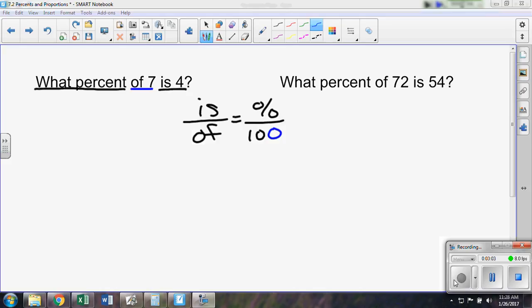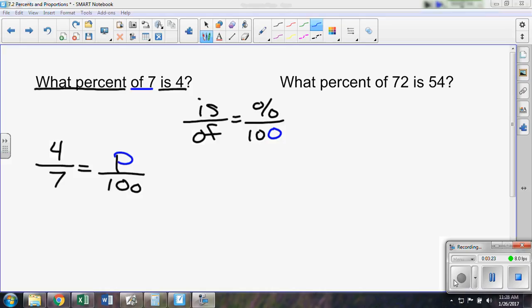And so these are pieces that we would put in. We would have 4 goes to is, 7 goes for of, and what percent, the word what is guiding us towards the variable. We've got it set up.